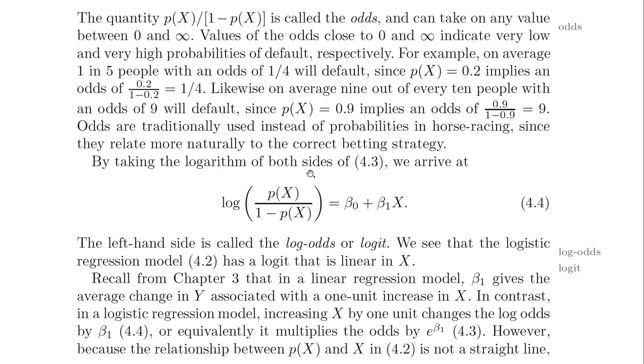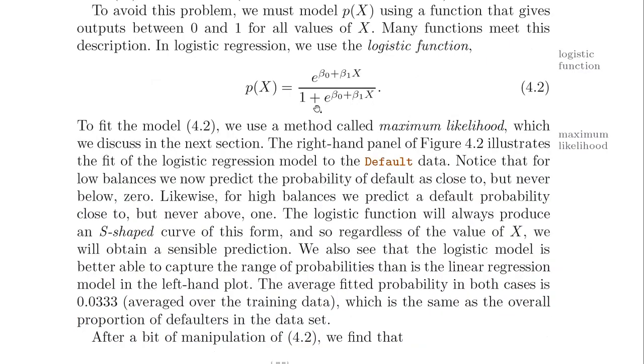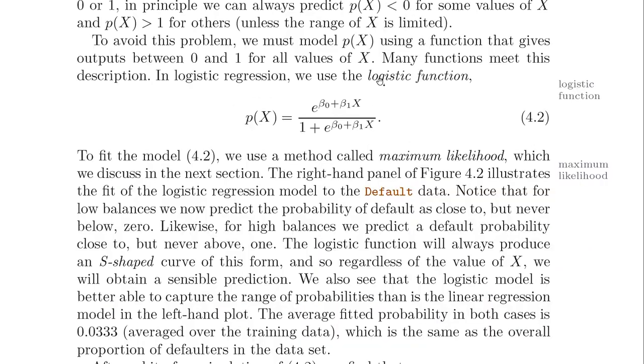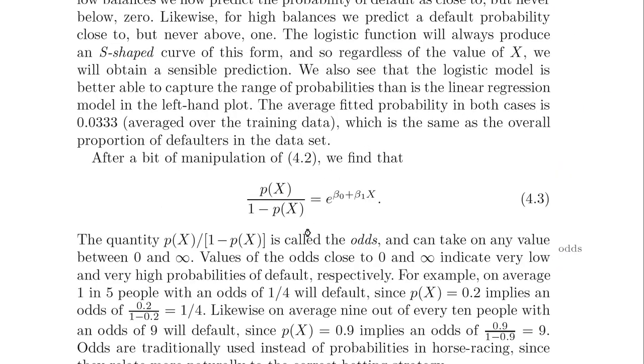By taking the logarithm of both sides, we arrive at this. The left-hand side is called the log odds, or the logit. We see that the logistic regression model has a logit that is linear in X. This is 4.2, and it's what we've been using this whole time.